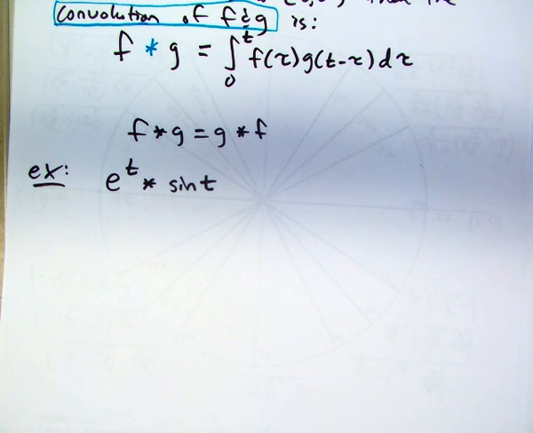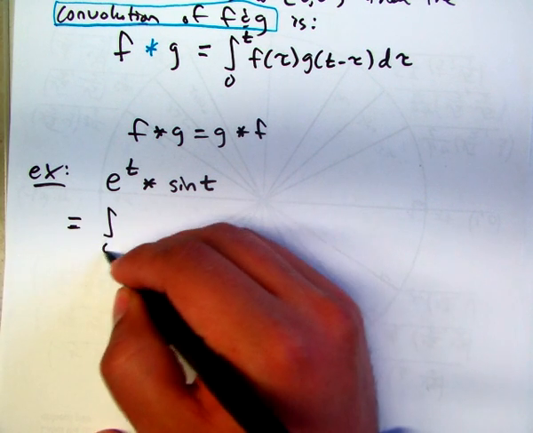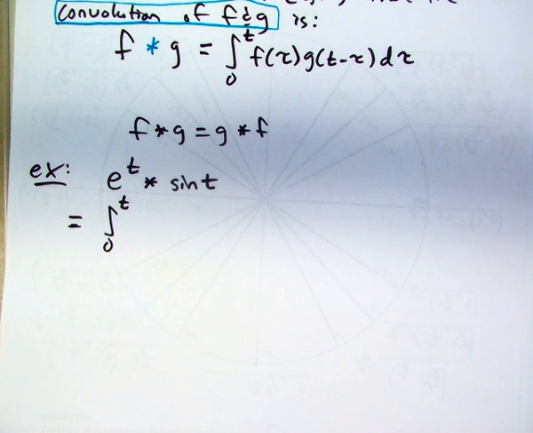Okay, so this would just be the integral from 0 to t of what? What two functions do we see? We have exponential and sine, right? So pick one. Let's say this is f.